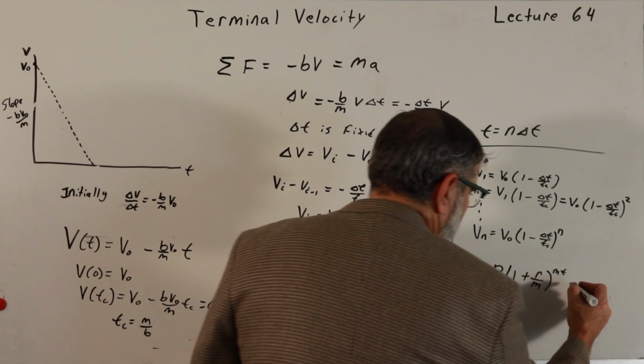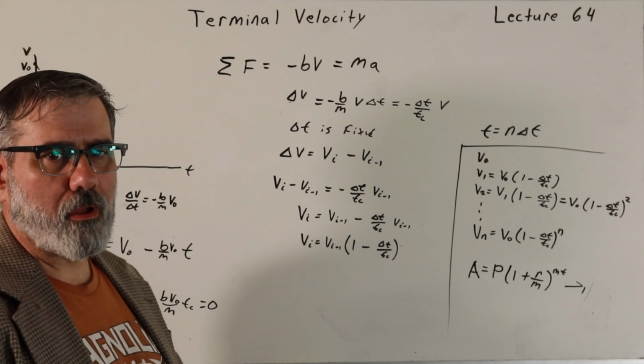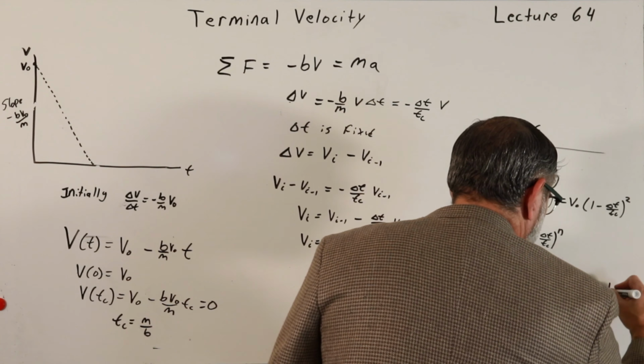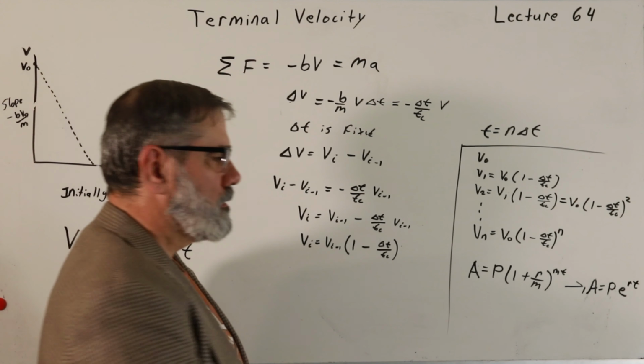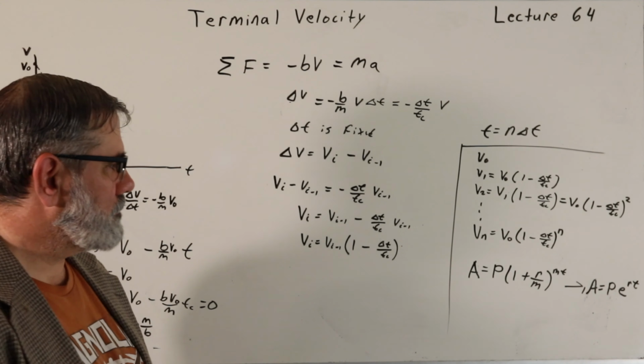And then if we allow the number of compounding periods to go to infinity, that's called continuous compounding, then A becomes equal to P times e to the rt. You guys remember that?